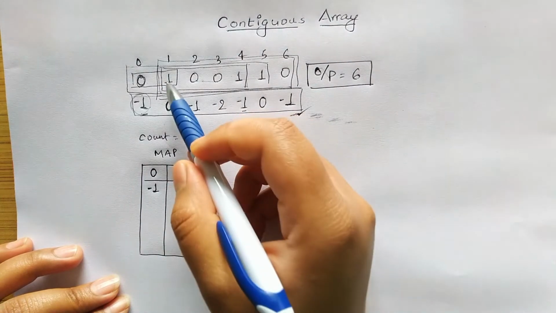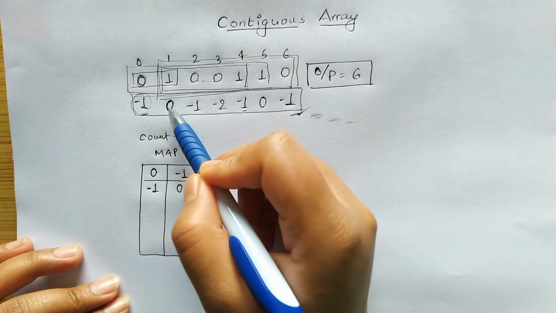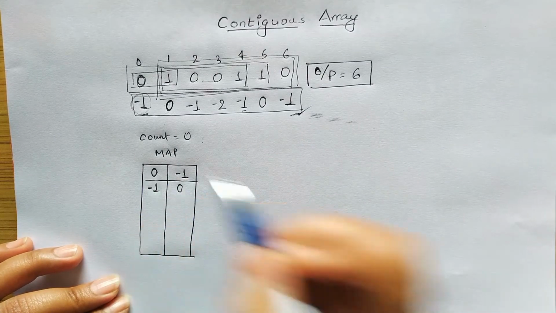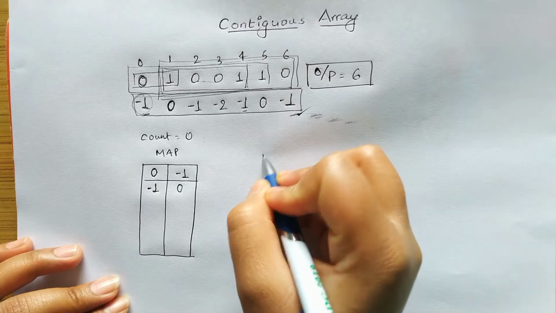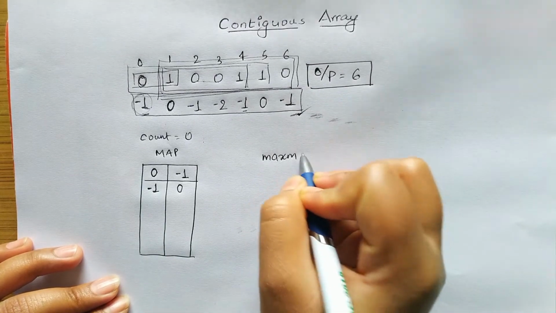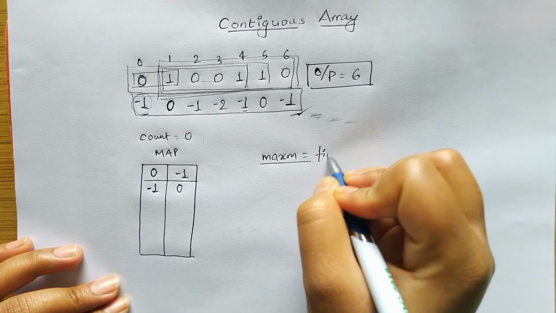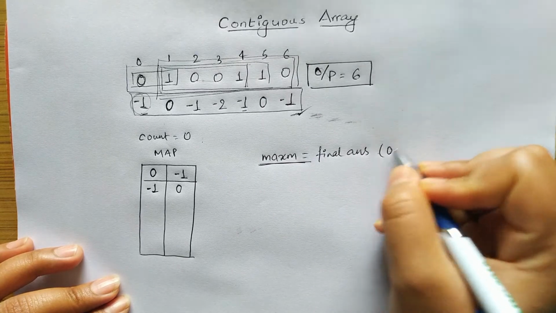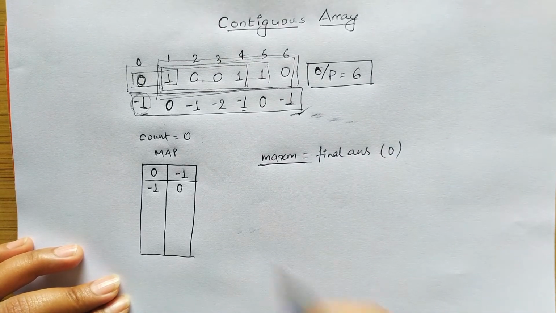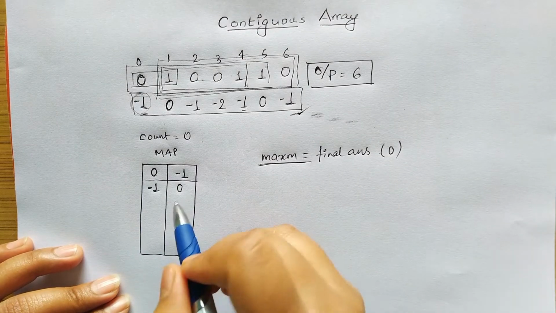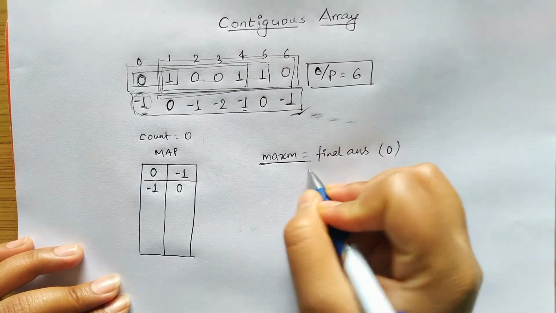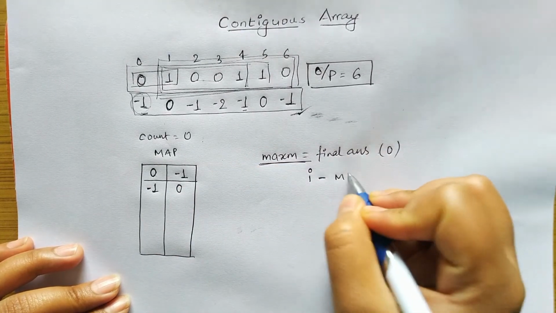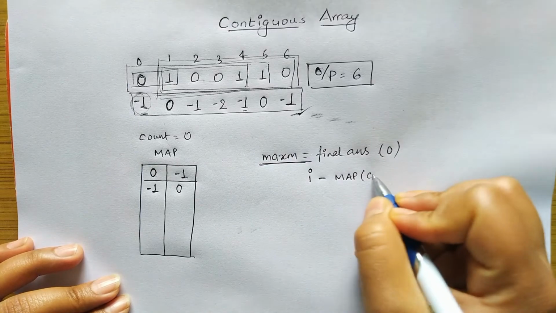After that, for the next one, we see that our sum is 0, and 0 is already present in the map. Whenever we get something that is already present, we maintain a maximum which will contain our final answer. Initially it will be 0, and whenever we encounter something already present in the map, we compute the index of that position minus the map value of that count.